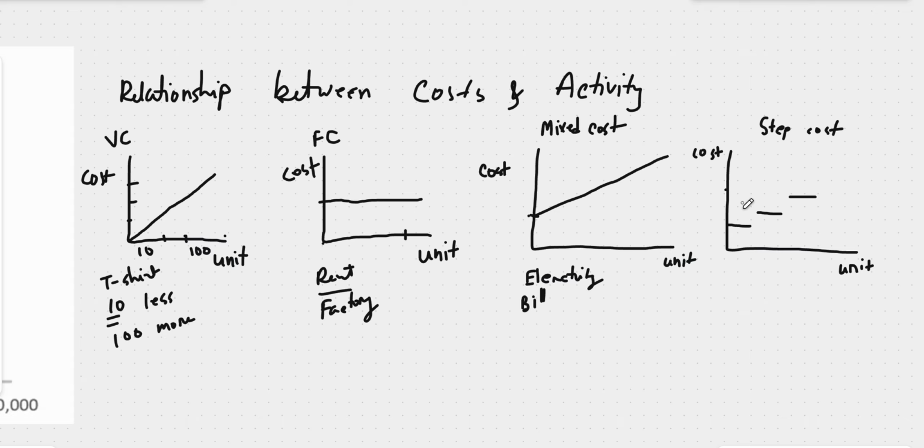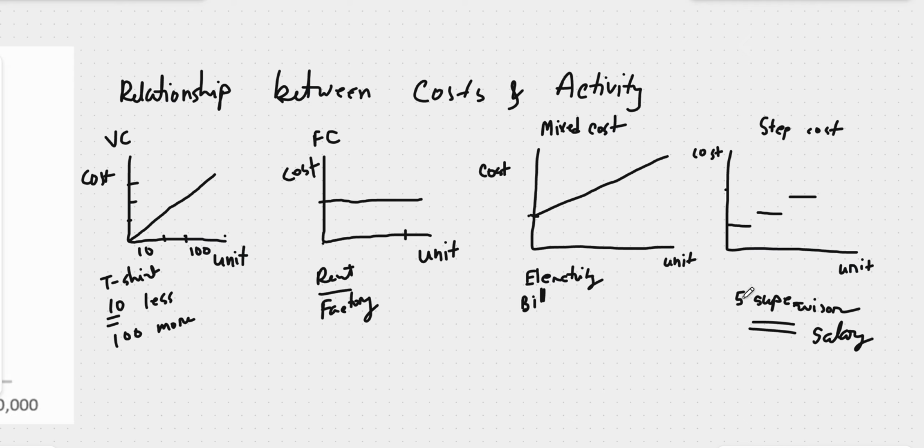Step cost can be, for example, you had in your factory 5 supervisors. For 5 supervisors, you had a fixed cost. You had to pay the salary. Now, if you have more demand in the market, you need to increase your production.